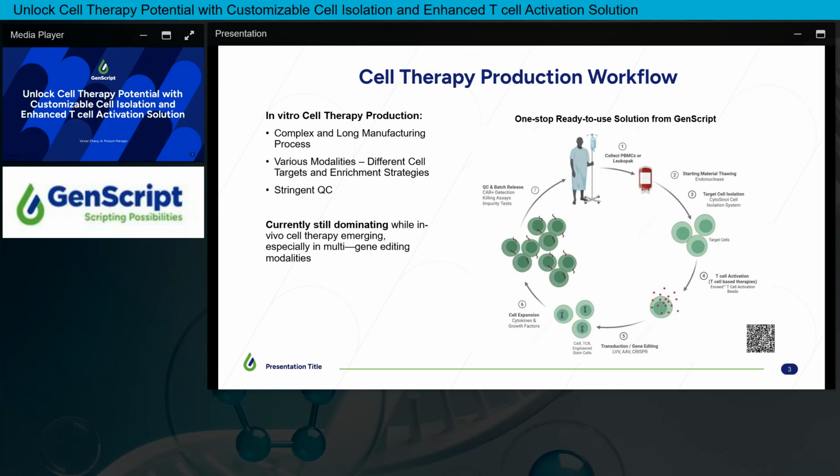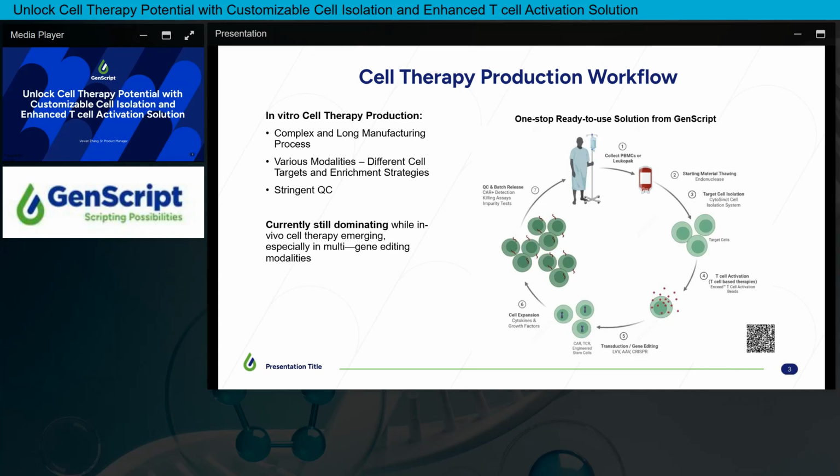As you all know, there are many different modalities in cell therapy, including T cells, NK cells, stem cells, which means there are different cell targets for enrichment. So choosing your proper cell targets and enrichment strategy is an important part of cell therapy development. And in addition to that, stringent QC requirements always come with cell therapies. So it is also important to have that in mind when choosing your raw material and platform for cell isolation and activation as well.